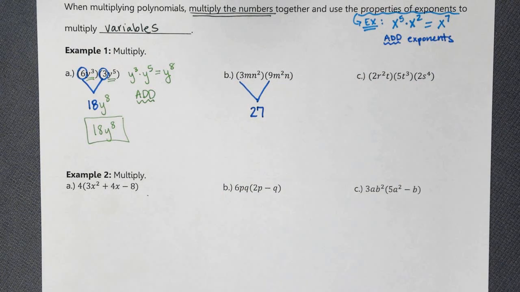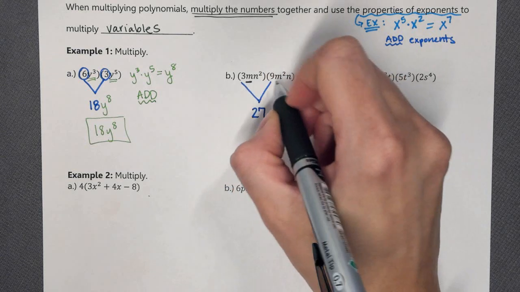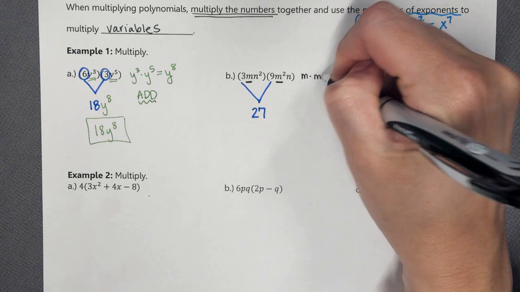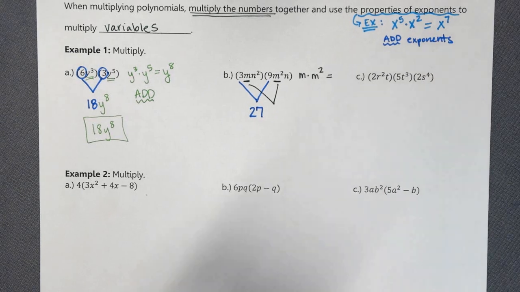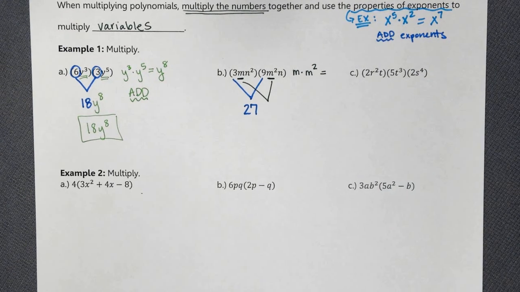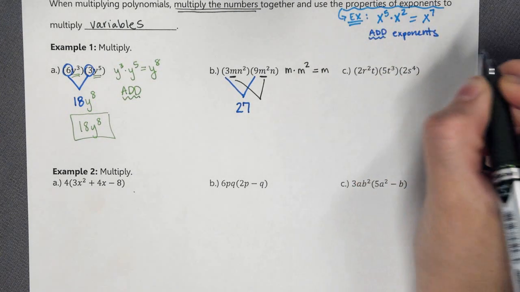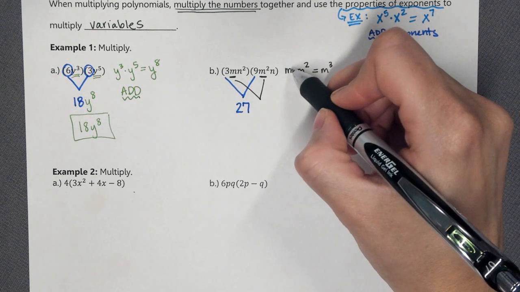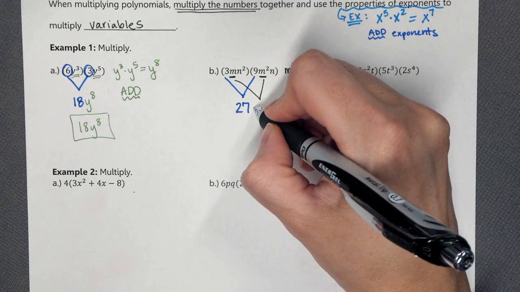And then you are only going to multiply them together if they're the same letter. With the m's, you have an m and then m squared, so m times m squared. Erica, can you tell me what that's going to be? M to what power? Good. Remember, if you don't see the exponent, it is a 1. So it's m to the 3rd.